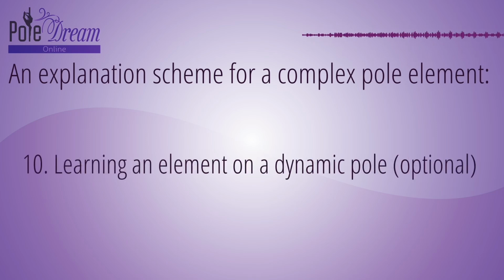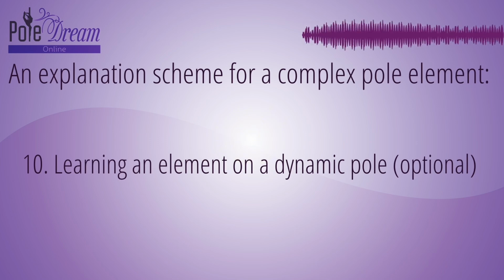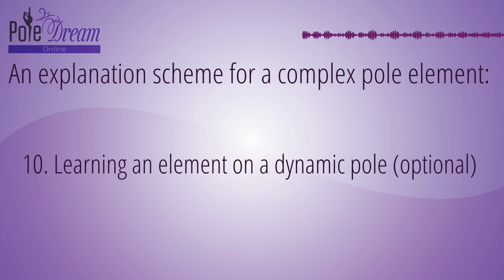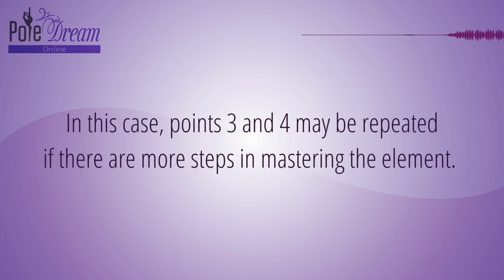This is optional. So here you can see that some points are the same, but the beginning of the scheme is different. Also, I can tell that in this case, points 3 and 4 may be repeated if there are more steps in mastering the element. Maybe there are not just 2 steps, maybe there are more steps or more preparatory exercises.